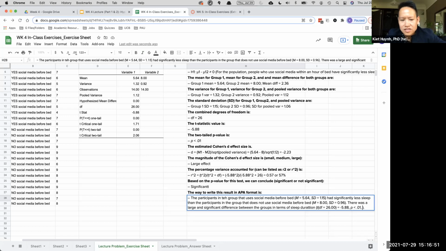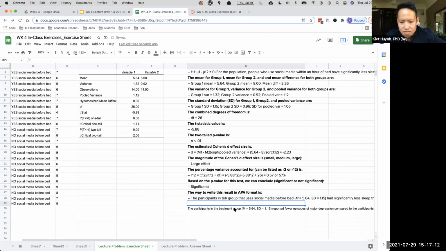And you put the effect size measure, and we're going to use Cohen's d. You can technically also put the R-squared variance accounted for, but I'm going to ask that you use Cohen's d for the sake of our assignments, because it's more commonly used. Cohen's d equals negative 2.23. Okay, that's how you do the write-up.